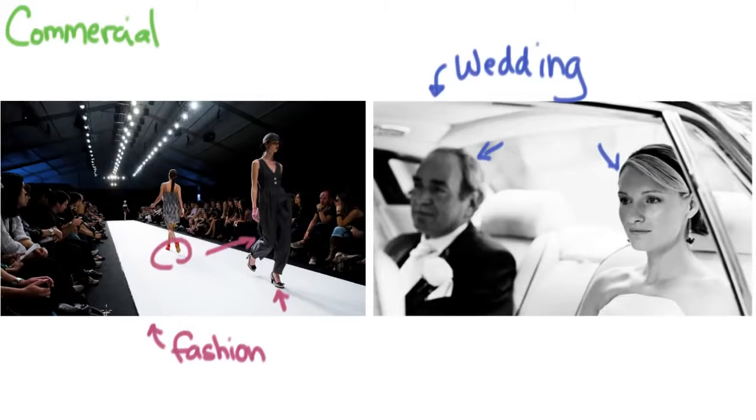Wow, look at those. You might be paid by the makers of those, or maybe the people putting on the show up here, or maybe this rich guy over here wants some photos. Whatever the case is, you're often working as a commercial photographer in these situations. And the difference between those is who's paying you, essentially.